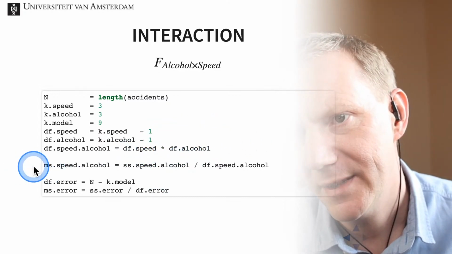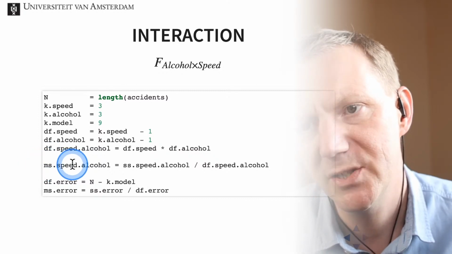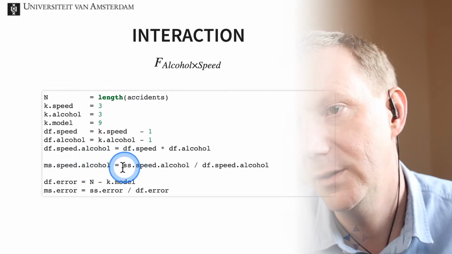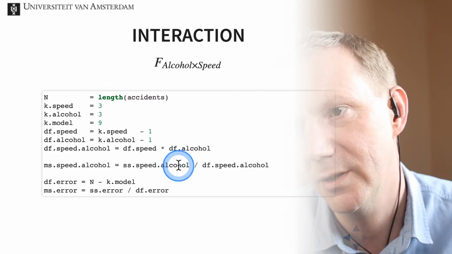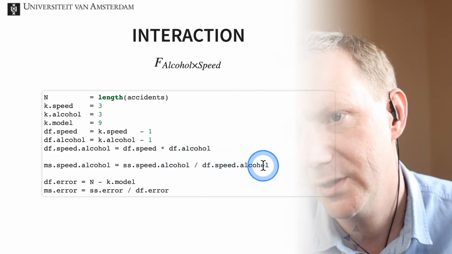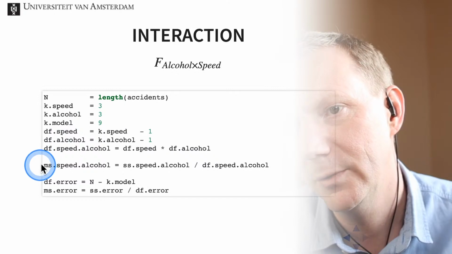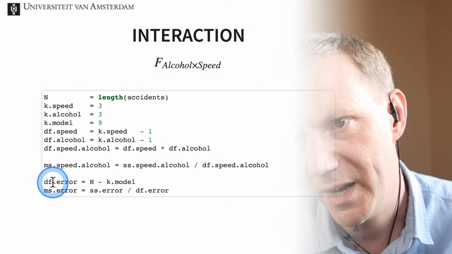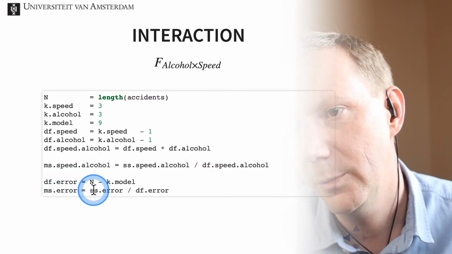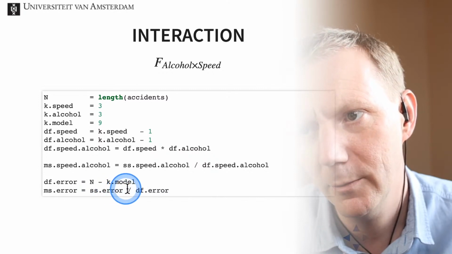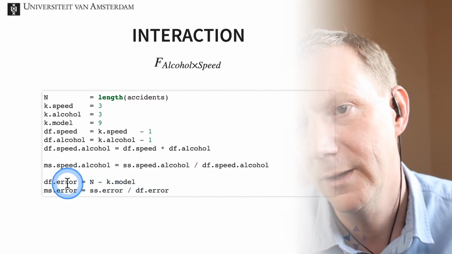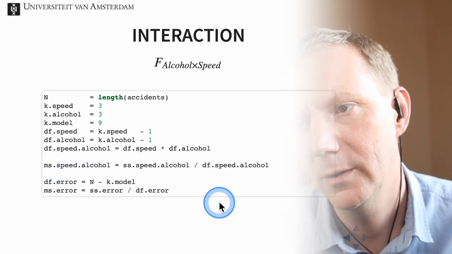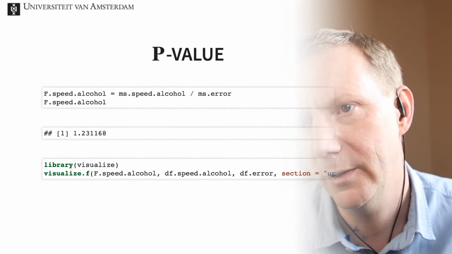So if I want to calculate the mean squares for the interaction term, I divide the sums of squares for the interaction by the degrees of freedom for the interaction, and that will result in the mean squares for that interaction. And if I want to determine the mean squares for the error, I have to divide the sums of squares of the error by the degrees of freedom for the error, and then I have the 2 terms I need to create a signal to noise ratio for determining my F value.